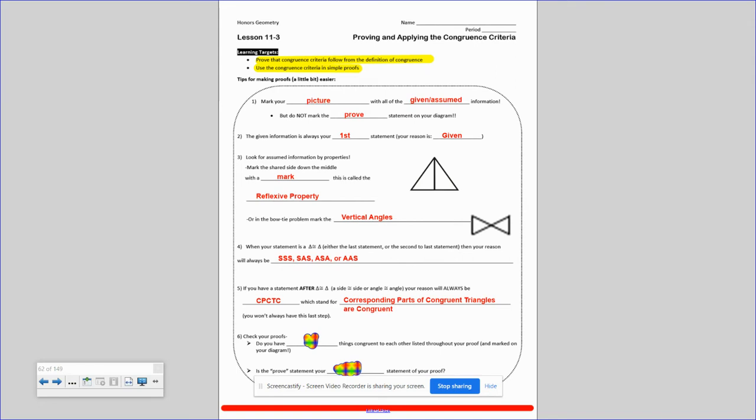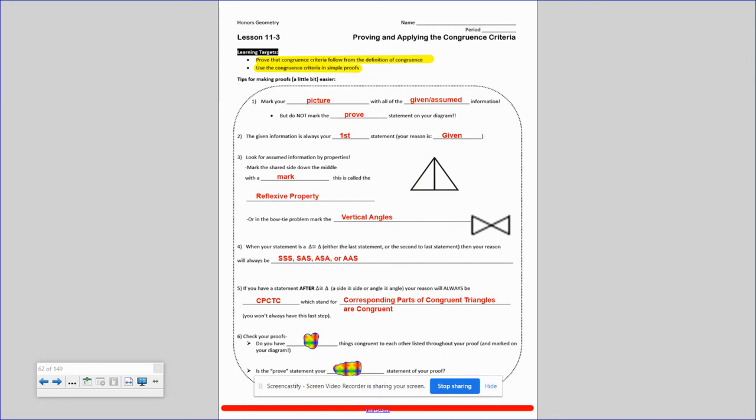Instead of writing that out every time, we abbreviate it using this acronym. So you can just write CPCTC and I'll know that you know what it means: once we prove triangles are congruent, we know that all their corresponding parts have to be congruent as well.